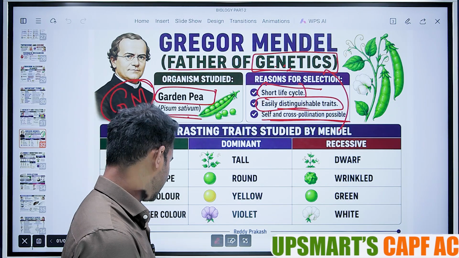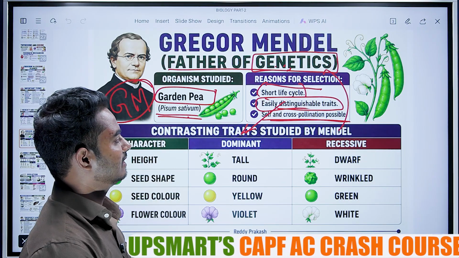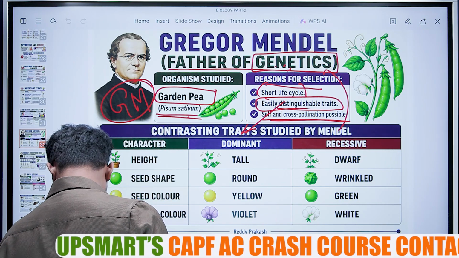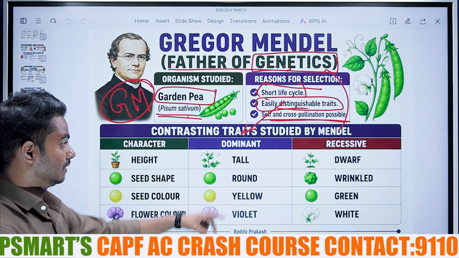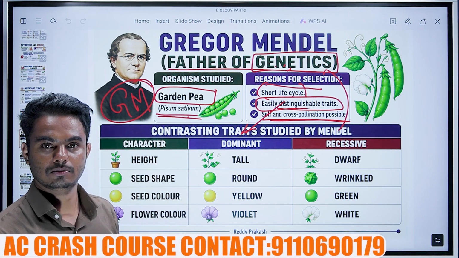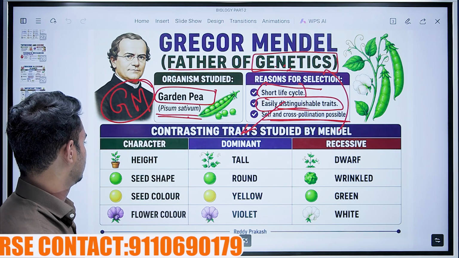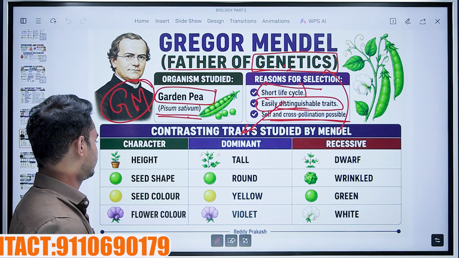So let us first understand the distinguishable or contrasting traits studied by Mendel. He picked the pea plant, right? As I told you, there are distinguishable traits. What are they? Focus, the exam is very near. One is height.